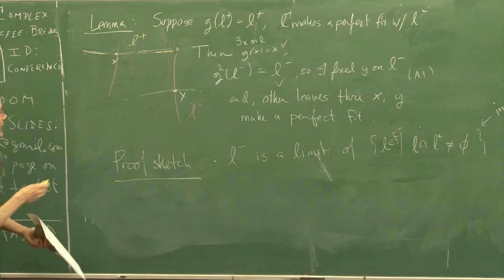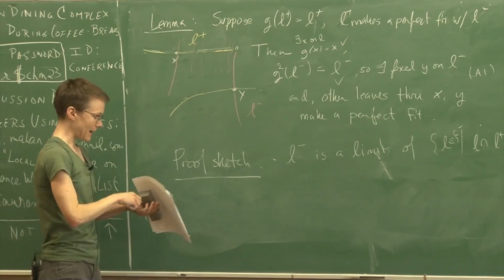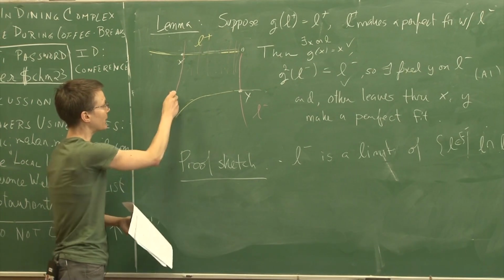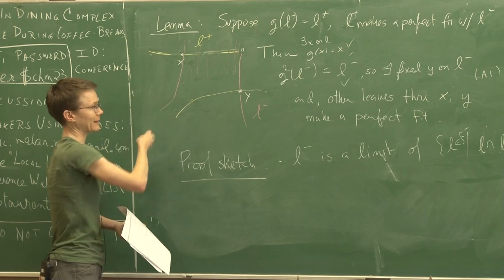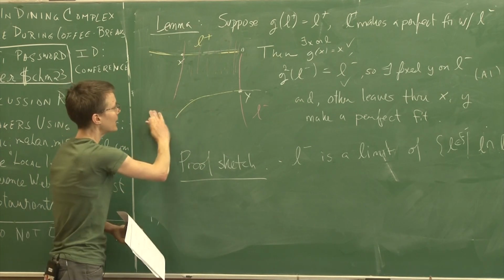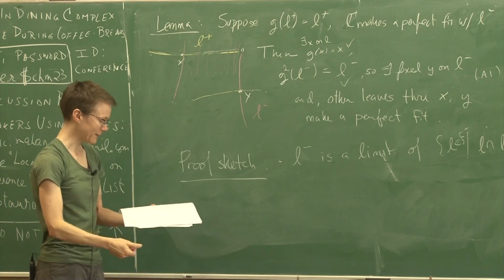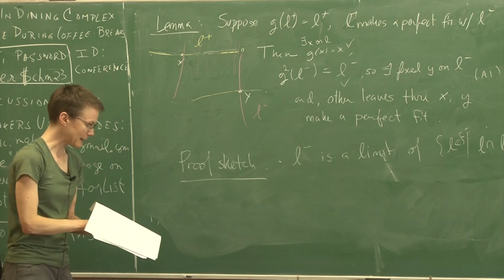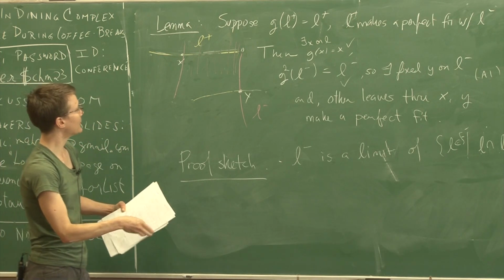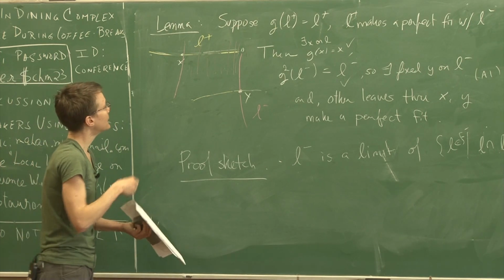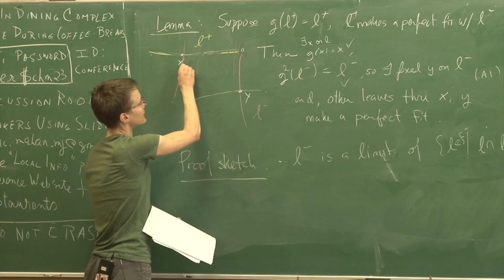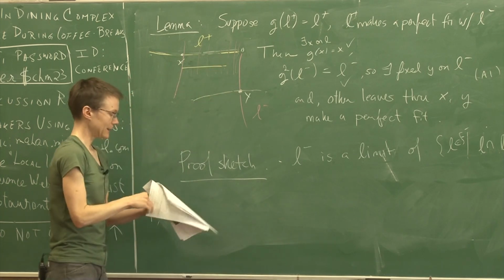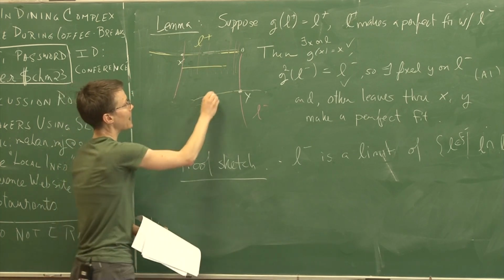I'll sketch without writing. Now we have to say that they almost meet, as opposed to there being a bunch of stuff in the middle here. So why do they almost meet? Why do they make a perfect fit? The thing to look at is take some big long leaf segment here, and a family of leaves.